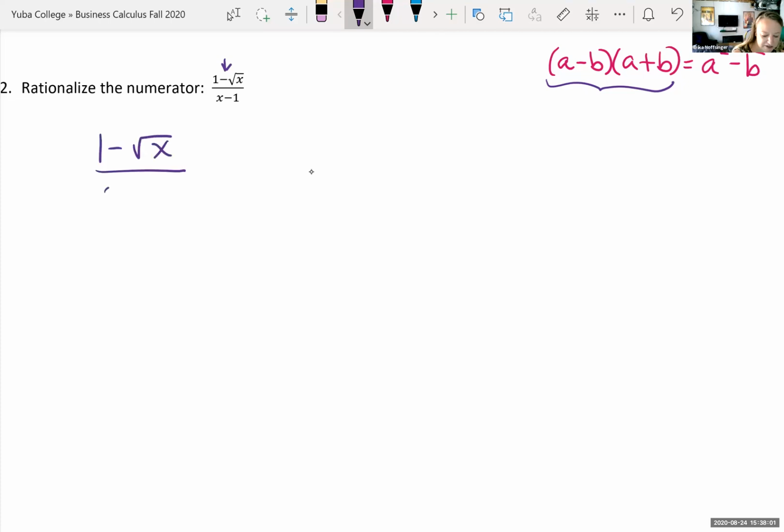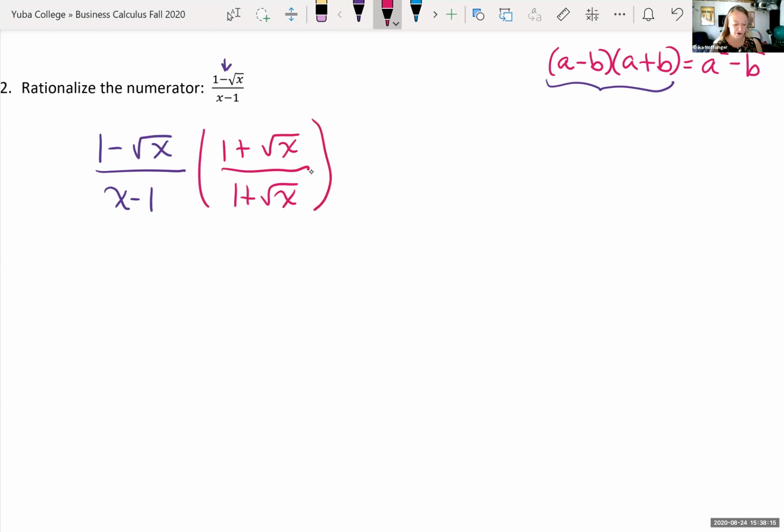So the conjugate of the numerator is 1 plus the square root of x. But in order to make this equivalent, I have to multiply by a 1. And so 1 plus square root of x all over 1 plus square root of x. Okay, so we can again distribute this and combine like terms, or we can go a shortcut and say, I can just square my first term minus the square of my second term.